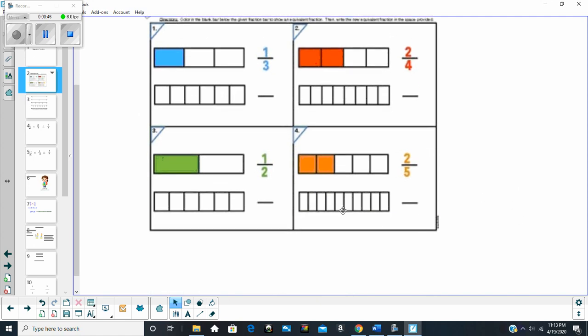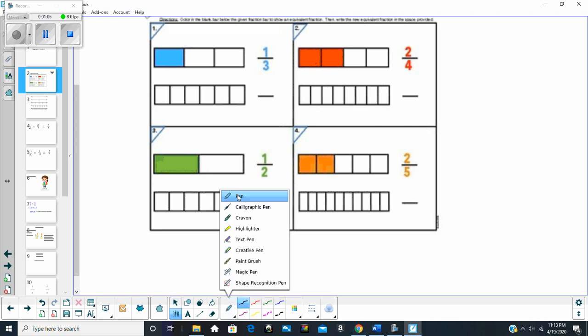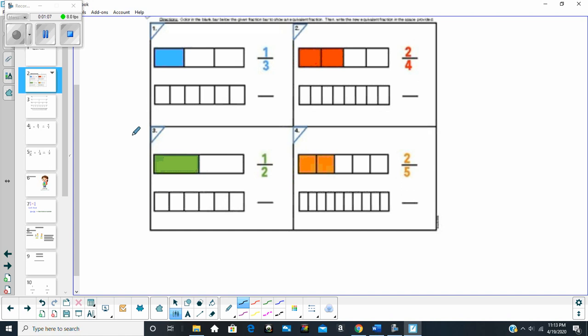Using tape diagrams, we have 1/3, and problem 1 is asking us that 1/3 is equal to what? In order to find our denominator, we are going to count 1, 2, 3, 4, 5, 6.